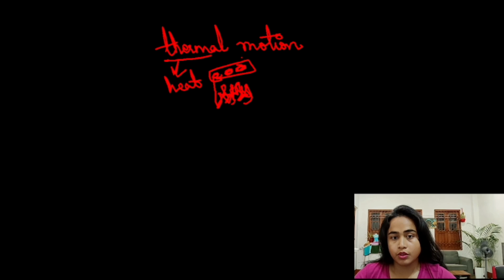I'm going to explain the basic concept in more detail. The thermal motions could be of 3 types depending upon the matter. As we know, we have 3 states of matter: solid, liquid, and gas.